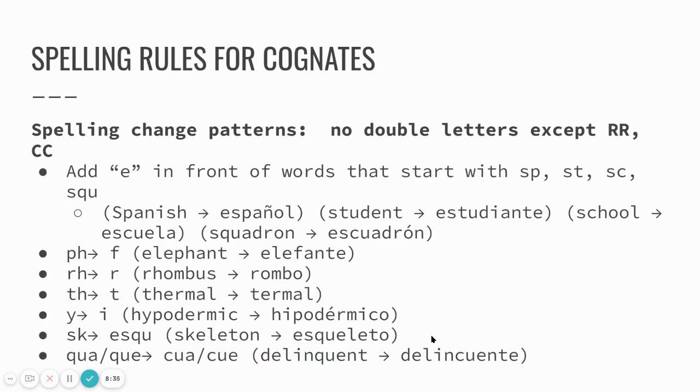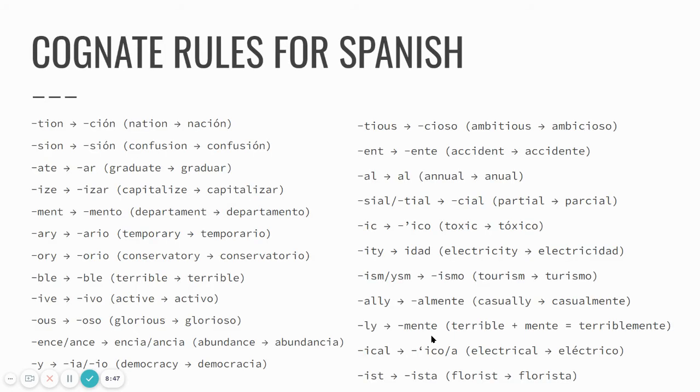We do have a couple of spelling rules, some spelling change patterns. So there are no double letters in Spanish except for RR and CC. If we go back and look just a little bit right here, you can see the word terrible keeps the two R's. If you look at accident to accidente, it keeps those two C's.